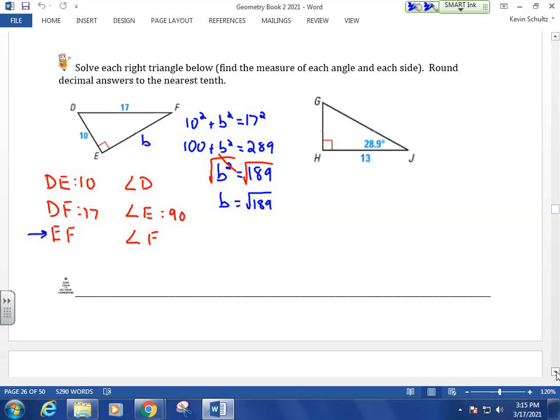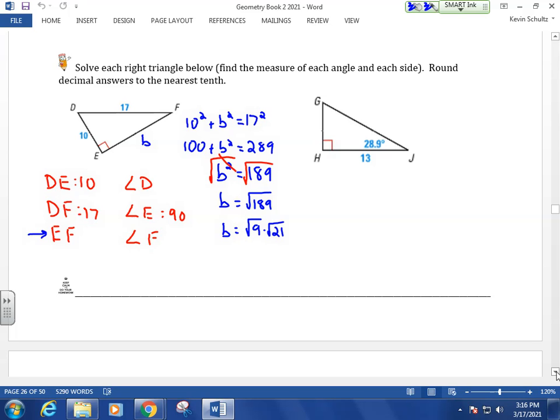Which, to simplify a square root, what we're doing is we're looking for a factor of the number that is a perfect square. So running through the factors of 189, we know that 9 is a perfect square. Root 189 is root 9 times root 21, because 9 times 21 equals 189.